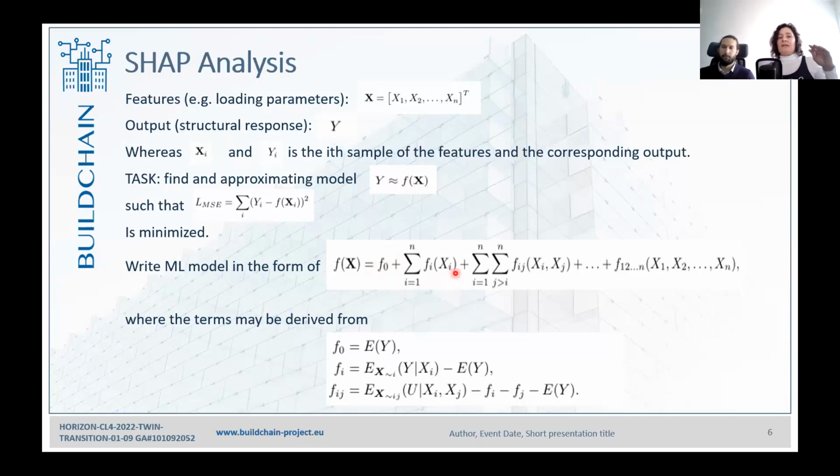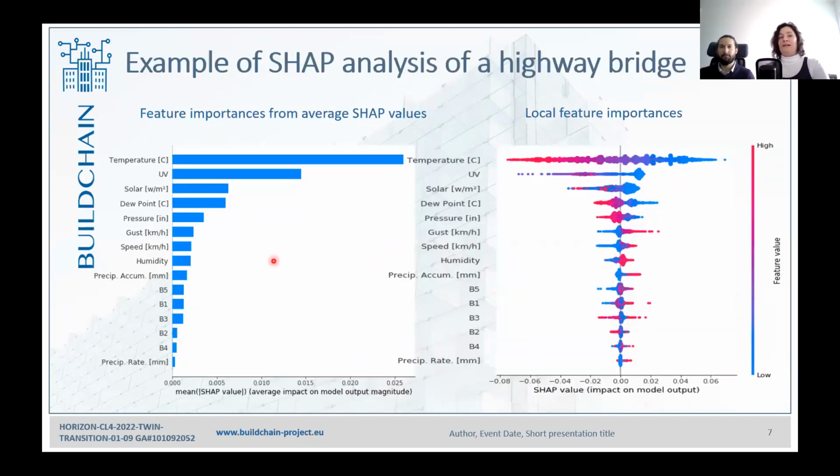Then I can say that in addition to the average displacement, the displacement increased because of, let's say, the wind load, and it decreased because of the temperature change, just as an example. And I can also write other terms like coupled terms or higher degree terms, where the influence is due to a combination of changes of input parameters. So this is the idea of making an explainable model.